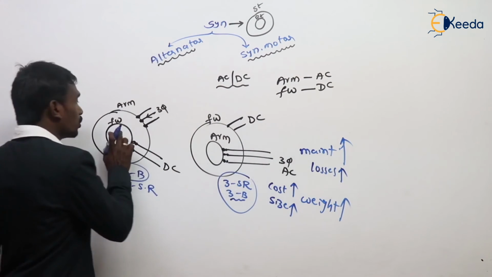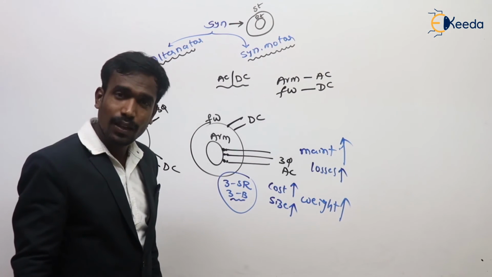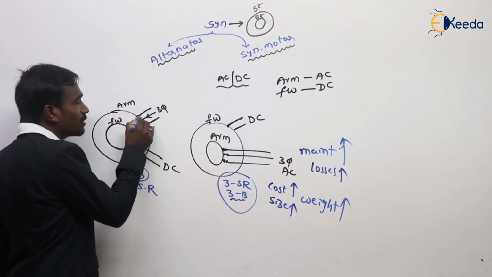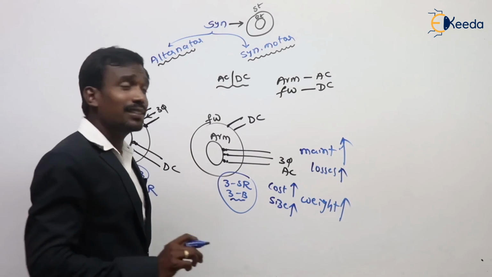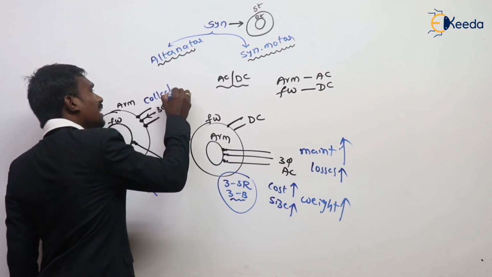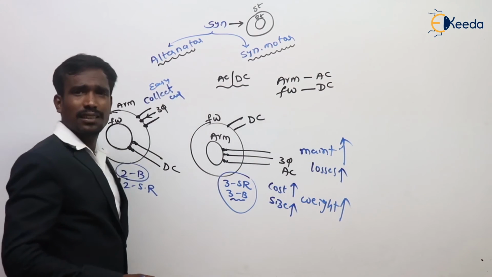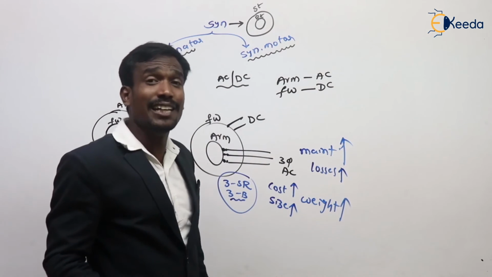That's why we should prefer the stationary armature. Also, with the armature winding on the stator, if these are generators, it is very easy to collect the current. But with the rotating armature, collection of current is difficult in generators.